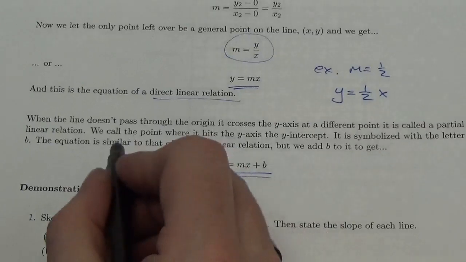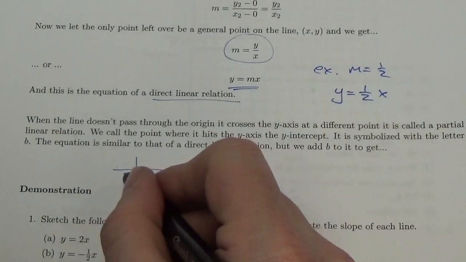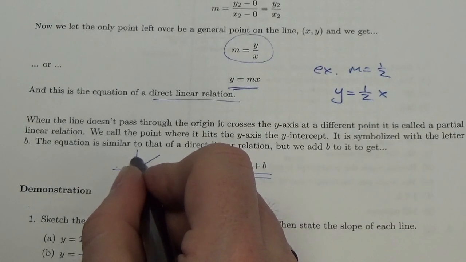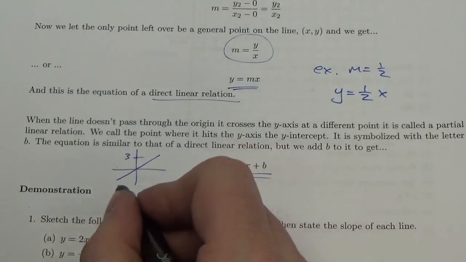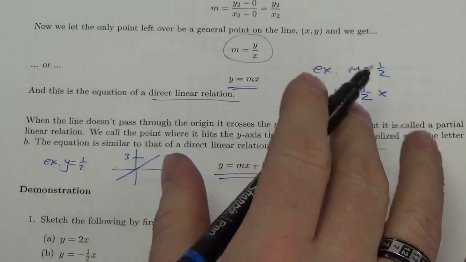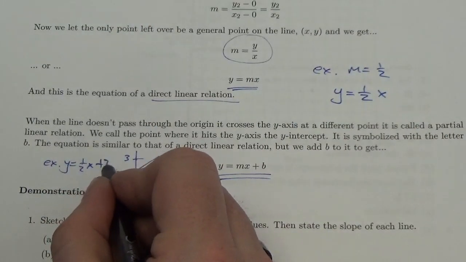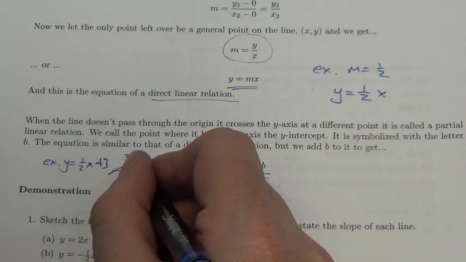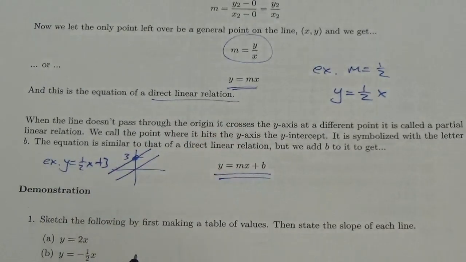But something really interesting: if we take a line and slide it up, let's say 3 points. Say, for example, I have y equals 1/2 x, and I add 3 to it. Well, the point that was at the origin now goes up through the point 3.